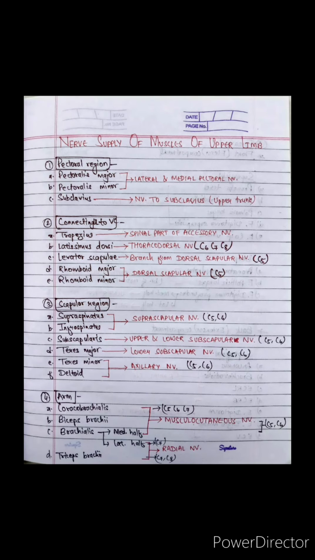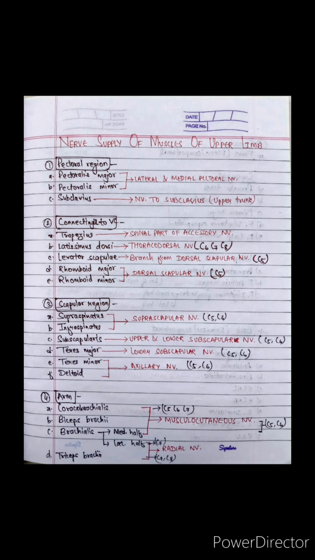Now let's study about the nerve supply of muscles of upper limb. First, pectoral region. The pectoralis major and pectoralis minor muscles are supplied by lateral and medial pectoral nerve. Subclavius is supplied by nerve to subclavius from the upper trunk. Number 2. Muscles connecting upper limb to vertebral column.